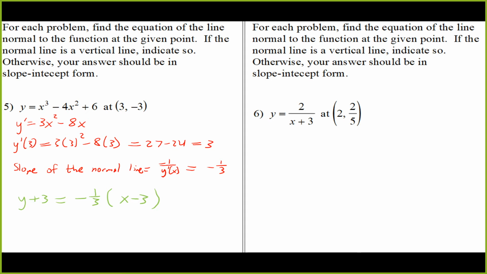Our goal is to get this into slope-intercept form. Right now we're in point-slope form. So what do I need to do to change this into slope-intercept form? We need to take away 3 from both sides. And I also need to distribute that -1/3. So can you go ahead and distribute that -1/3 and then we'll take away that 3?